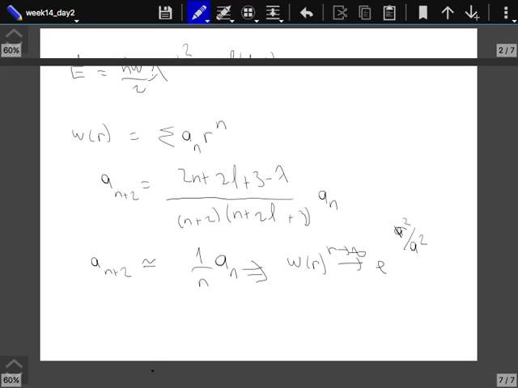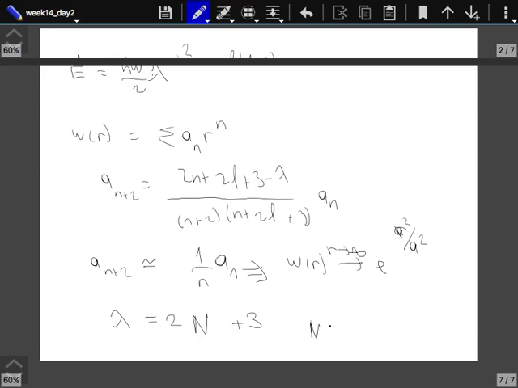But that also means that lambda should be equal to twice n plus l plus 3, for some integer n.